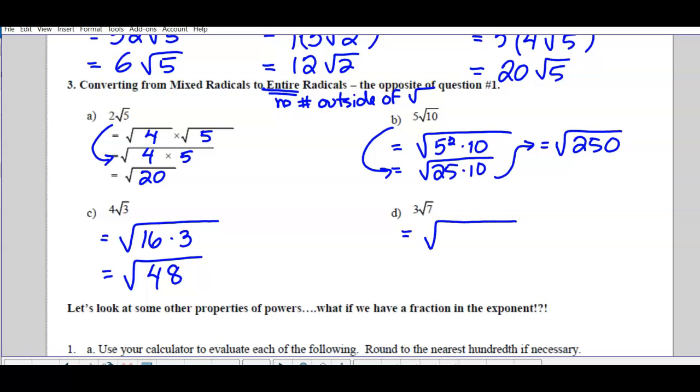Okay. And always remember, these are not the index. This is a big number. It's out front there, so it's not a cube root. It's 3 times square root of 7. So that's 3 squared is 9 times 7, which is 63.